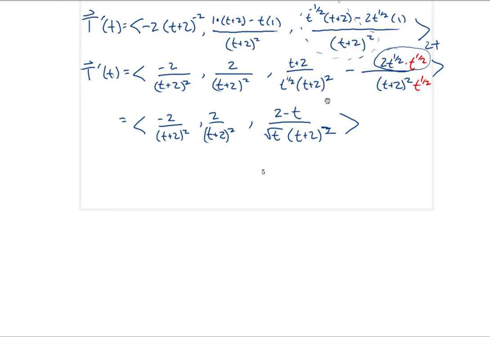But what we'll do here is we'll take the magnitude of t prime, and because I've run out of space and because I trust you can do some algebraic simplification, we'll take some liberties here and not do too many steps, but I'm just literally going to take all of these components, square each one.